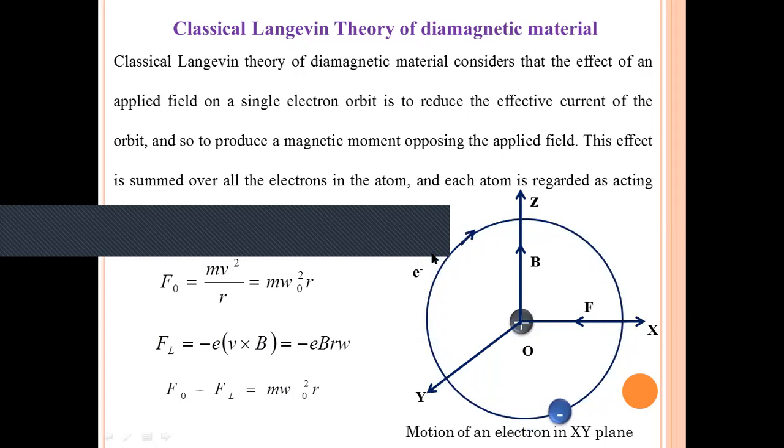Here you can see as the electron is revolving around the nucleus, these electrons generate current opposite to the direction of the motion of the electron. Therefore, once these electrons generate current, this current is responsible for production of its magnetic moment.